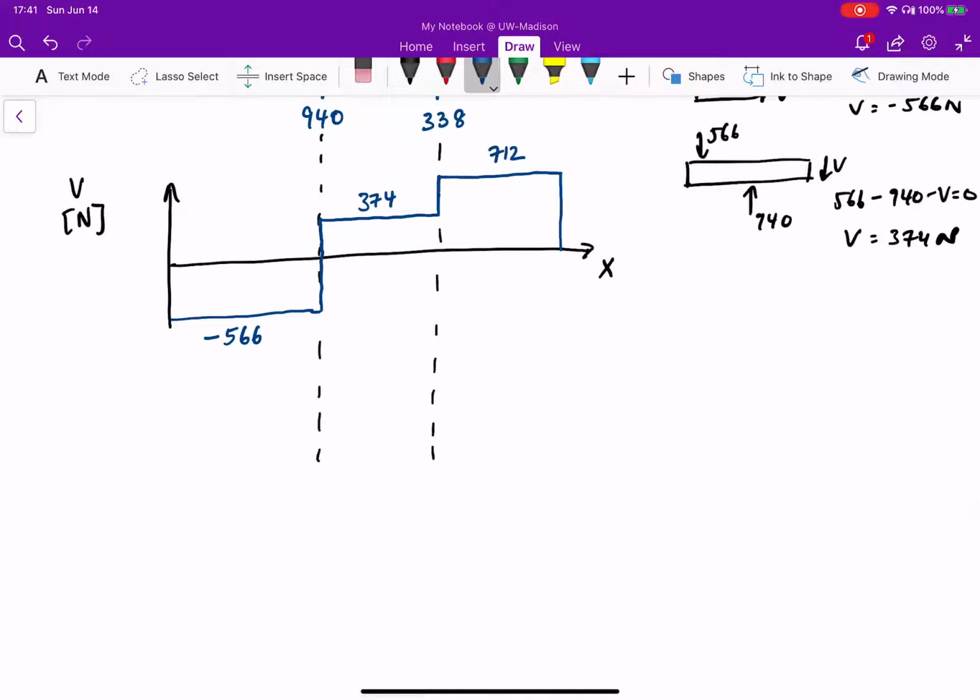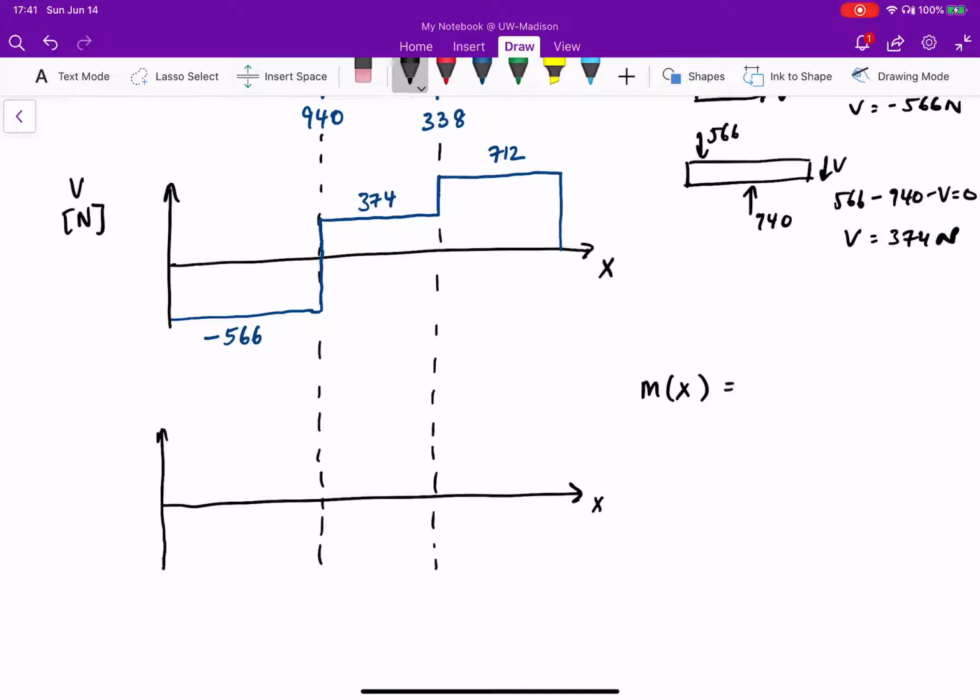Okay, so now that we have the shear diagram, we can draw the moment diagram. And we know from 306 that the moment is the integral from point 1 to point 2 of the shear force when integrated with respect to x.